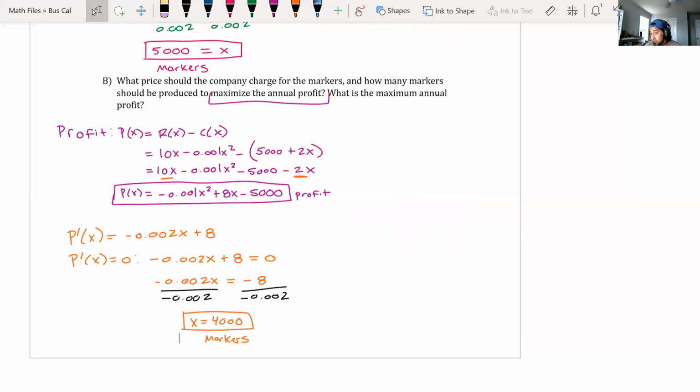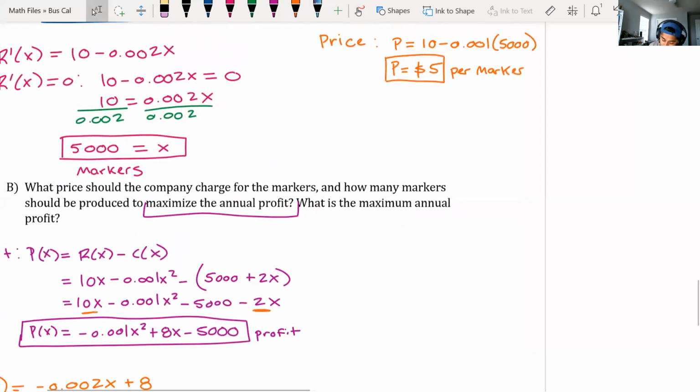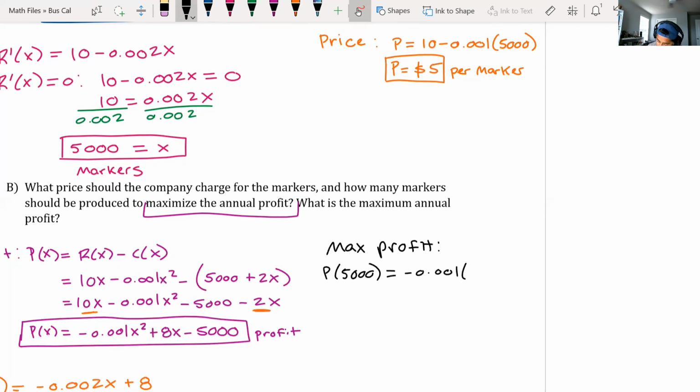Okay, and now, since we know the number we need to produce, we're going to take that number and plug it into the profit function, and then plug it in to the price equation that they gave us in the very beginning. So let's start with profit. 4,000 markers. So P of 4,000 is going to be plugged in to this profit equation.